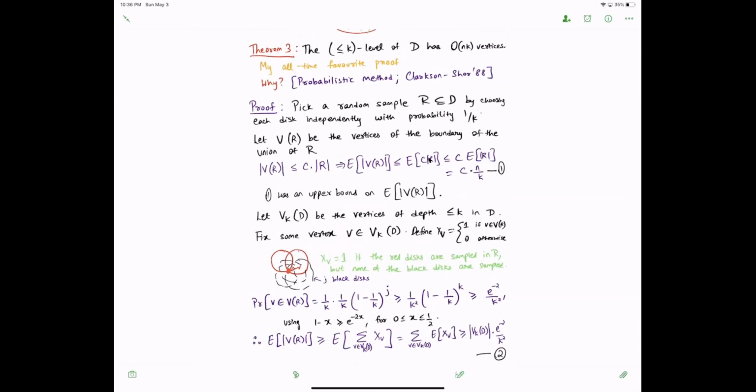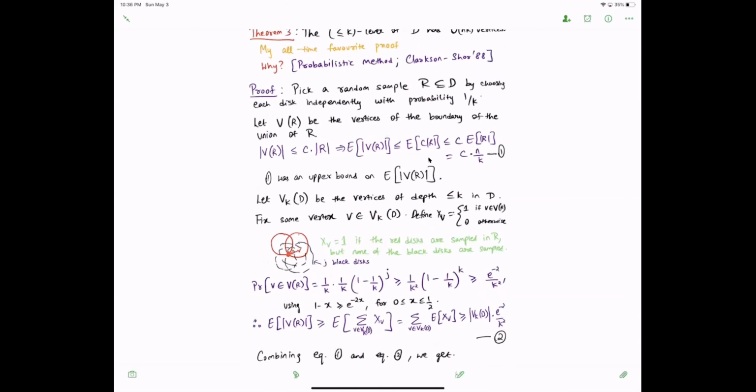We basically looked at this quantity VKD, which is what we wanted to estimate. We picked a vertex in it, and we computed the probability of it surviving in the random sample and still being on the boundary of that union. From there, we got the lower bound, which was equation 2. It was some standard regular math if you see it enough number of times.